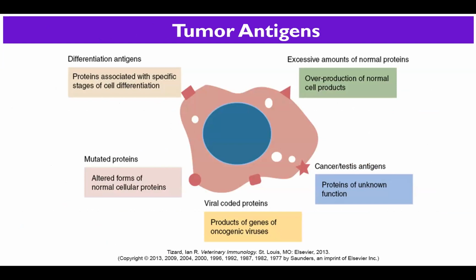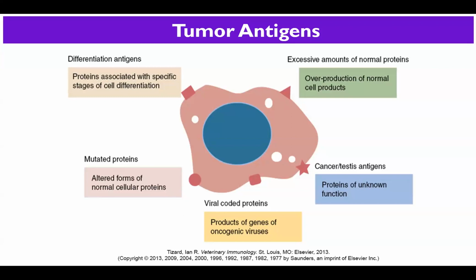Then it was also discovered that viral oncogenes or viral-derived products can drive tumorigenesis. That's another way tumor antigens are generated. The third one is a category of tumor antigens that arise from what are termed differentiation antigens, proteins dealing with specific stages of cell differentiation.